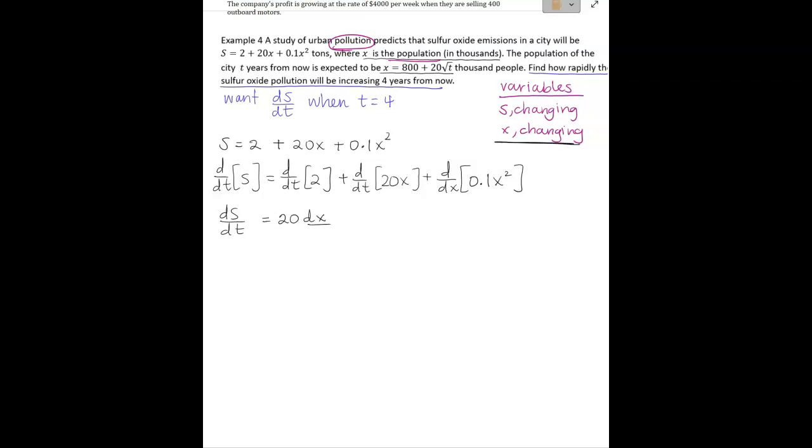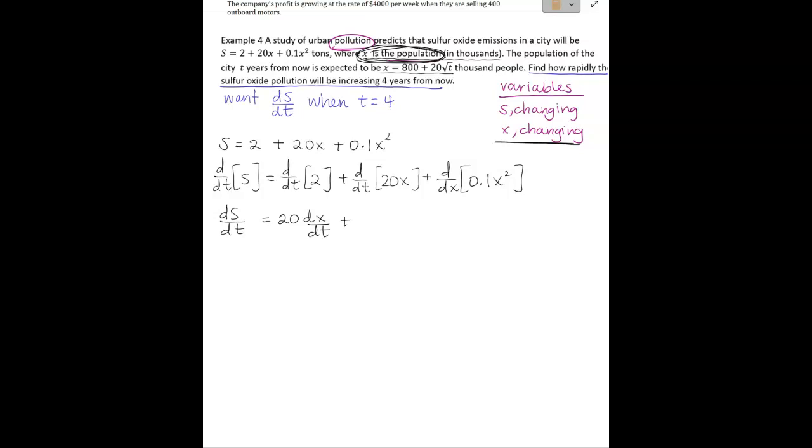So it is dx dt. In related rates problems, t is what we usually think of as x. So, usually we think, oh, the derivative of x is 1, not in related rates problems, because x represents some other variable, in this case, the population. So it does have a derivative and it is changing.